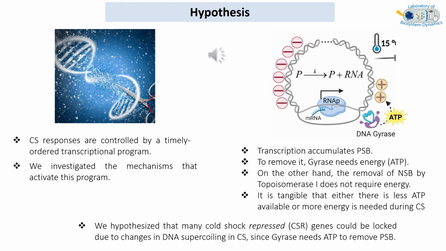In simple terms, we expect that bacteria have evolved their gene regulatory mechanisms to produce some sort of transcriptional program over time once subject to cold shock, that will activate and repress certain genes, which will change what is happening inside the cell and increase its chances of survival. It is these mechanisms that we want to study.